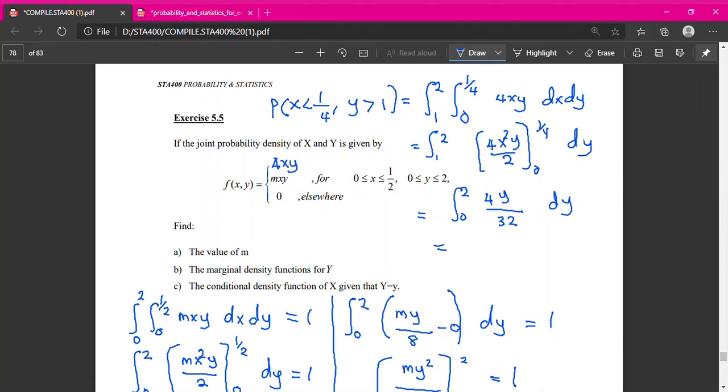And then, dapatkan this pula will be 4y square divide dengan 64. Sorry, dekat sini sepatutnya 1, 2. And then replacekan y here with 2 and 1. Then minus the value. Dan you akan dapat nilai probability.